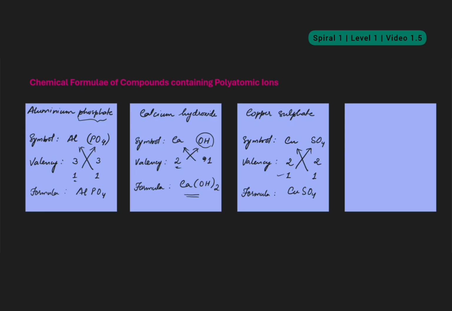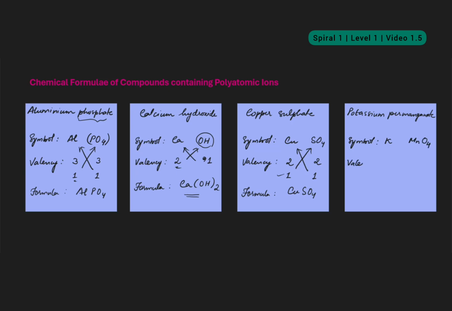All right. Let's take one more last example. Potassium permanganate. Okay. We'll write the symbol. Do check what is the color of potassium permanganate, just for some extra knowledge. Okay. So the potassium symbol is K, and permanganate is MnO4.